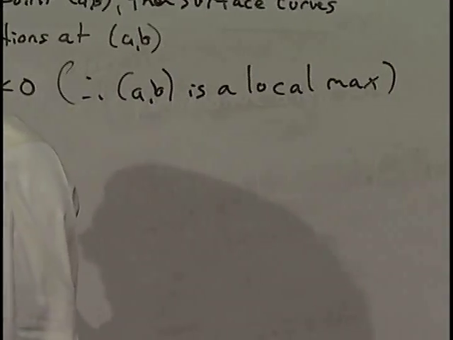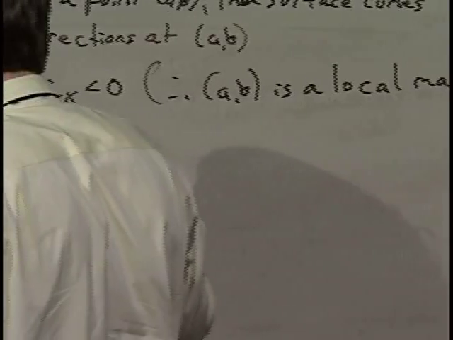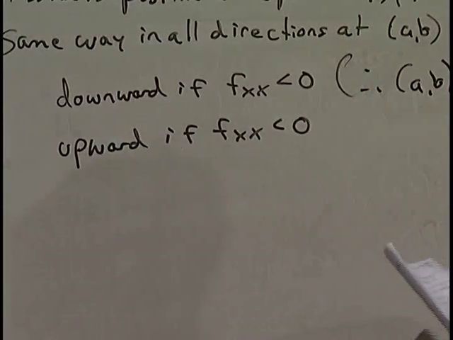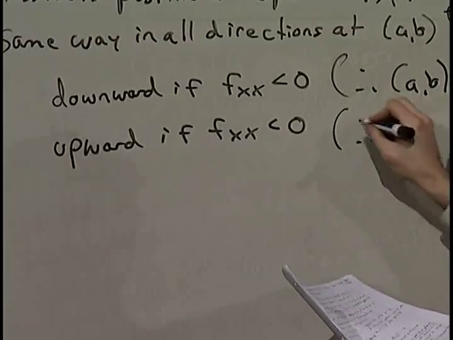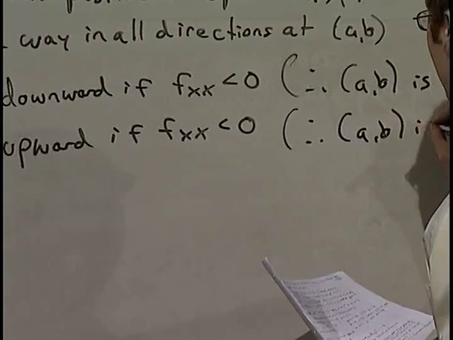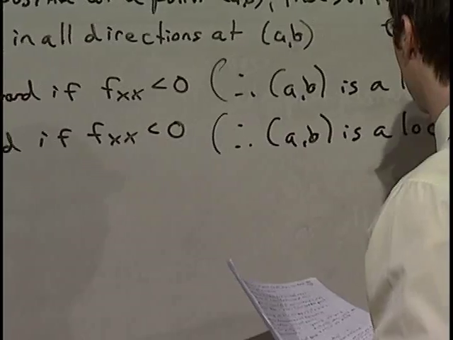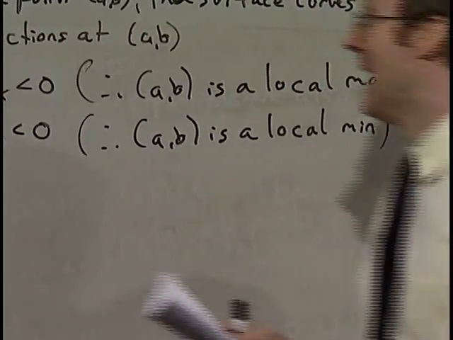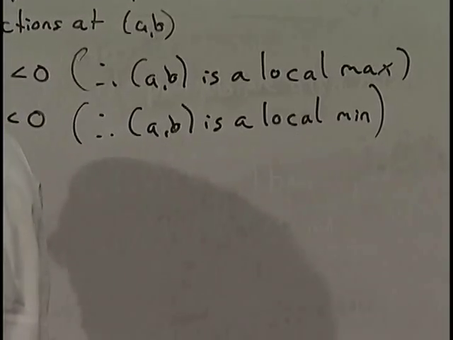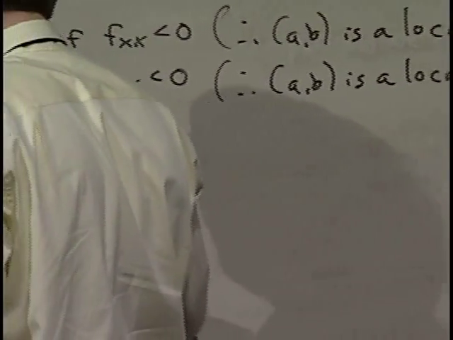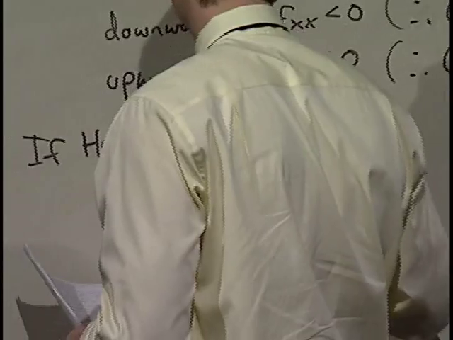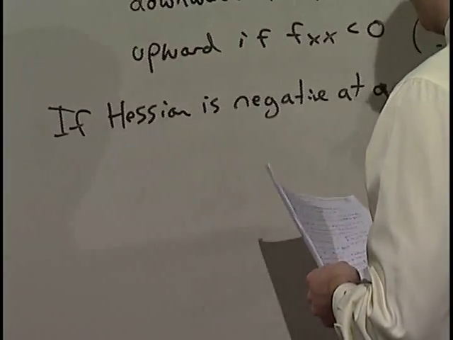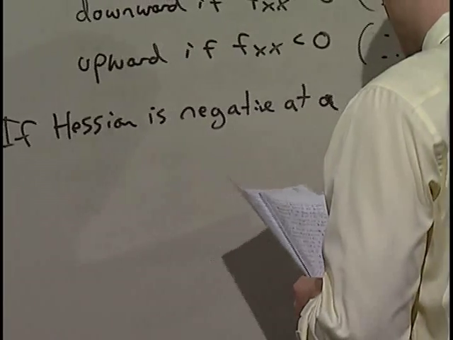And it's curving upward if f double x is greater than 0, and therefore AB is a local min, right? And if the Hessian is negative at a point, right?